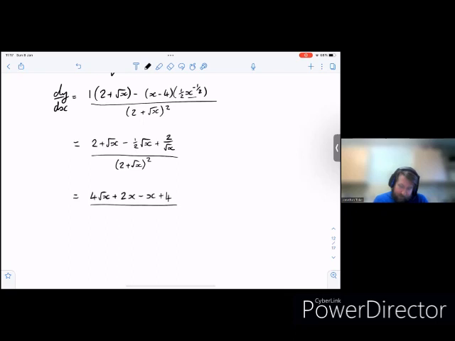Now we've multiplied the top by 2 root x, so we need to multiply the bottom by 2 root x. Simplify the top, we get 2x minus x is just x, plus 4 root x plus 4.